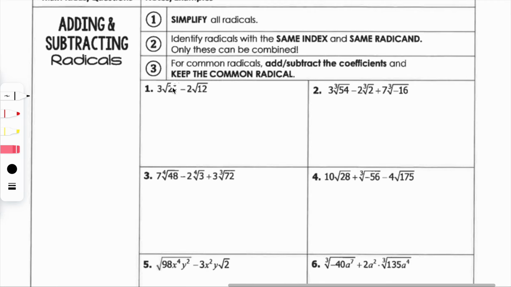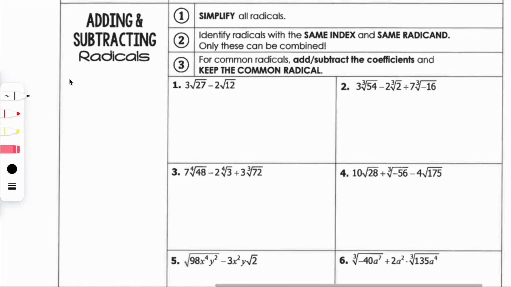So for example, let's try to simplify 3 root 27. I'm going to write that over here. Well, the square root of 27. So let's think of some perfect square factors. We have 4. 4 isn't going to be a factor of 27.